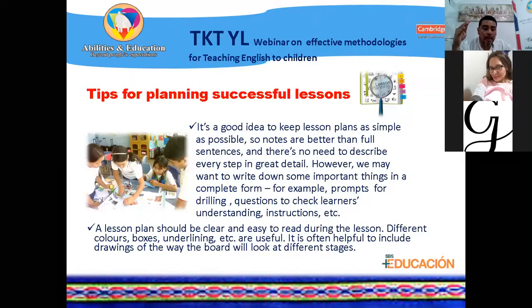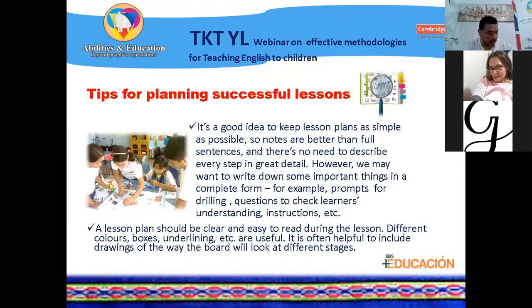Your lesson plan should be so clear that any other teacher of the world can understand it. Clear and simple, concise and clear, clear and easy to read. Just in case you are not present to deliver the lesson, another teacher can read your lesson plan and deliver the lesson successfully.